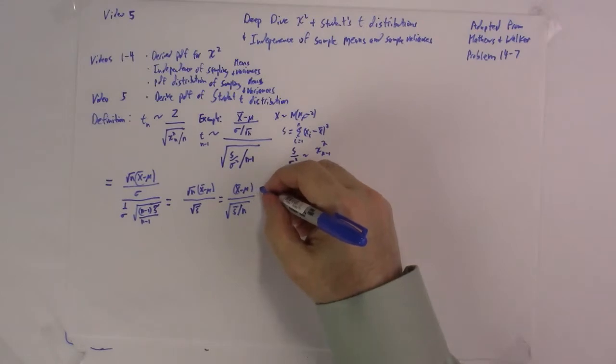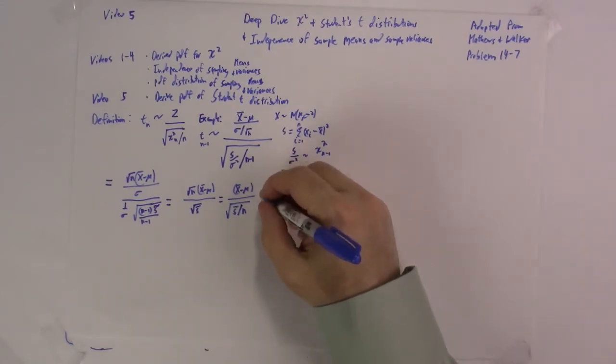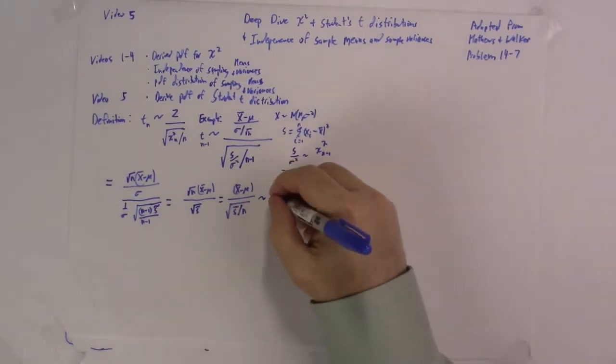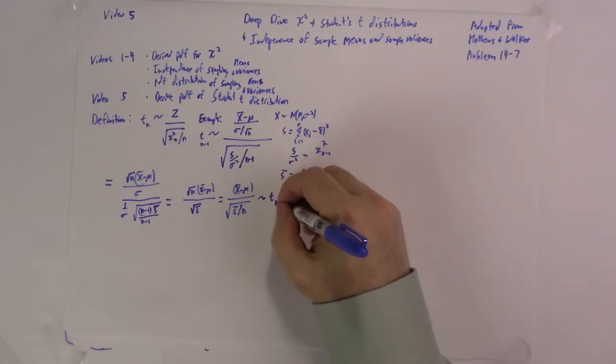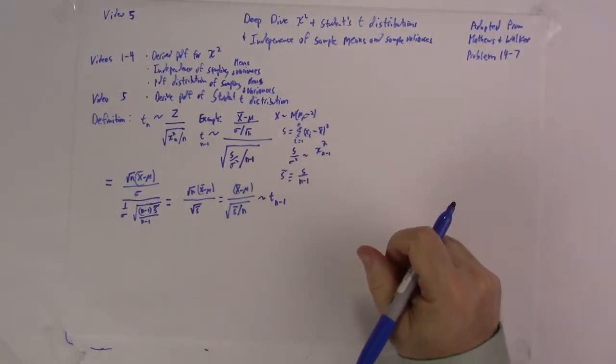So this is what we usually use for a t-test, and as I said, this is distributed according to t with n minus 1 degrees of freedom.